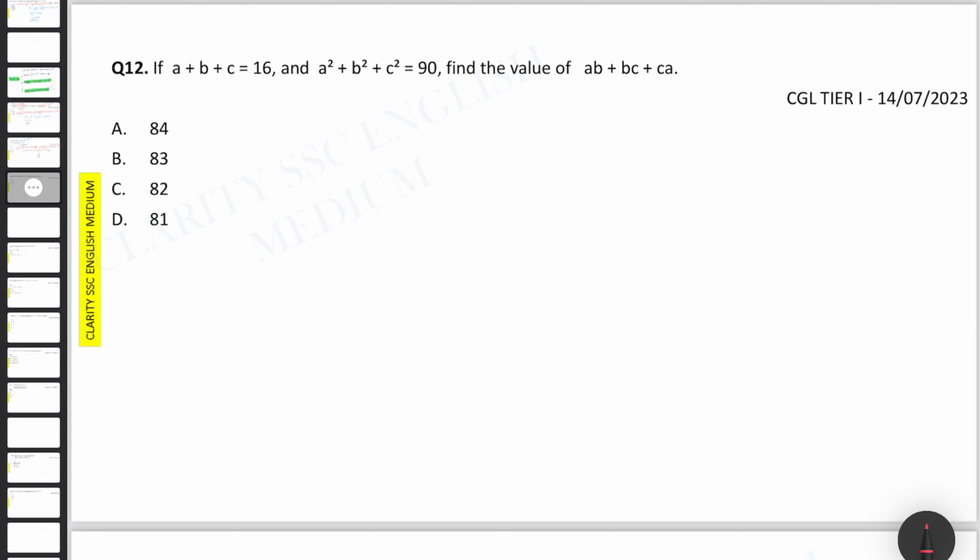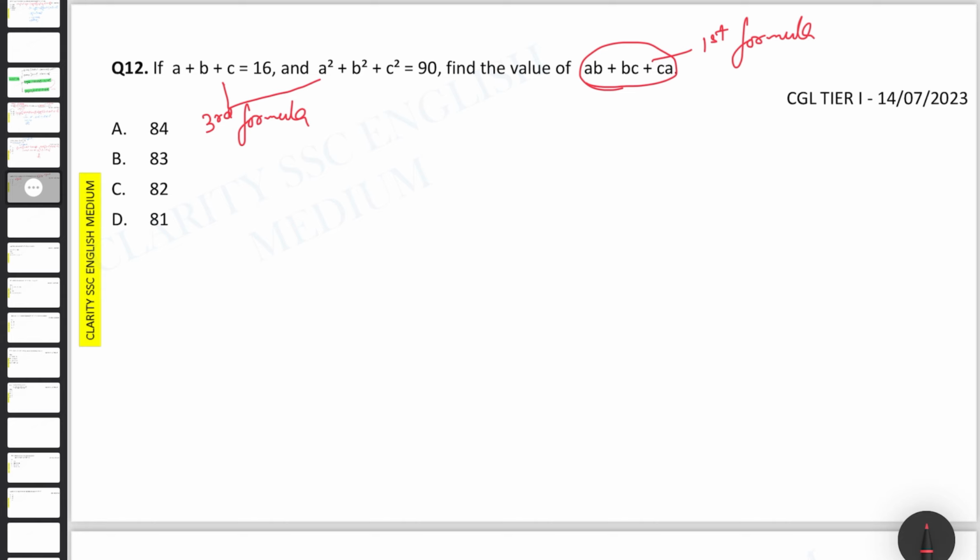If a plus b plus c is equal to 16, a square plus b square plus c square is equal to 90, then find the value of ab plus bc plus ca. Okay, let's see this. These two expressions we can find in the third formula, and this expression we can find in the first formula. So the mixing will happen in the first and the third formula.